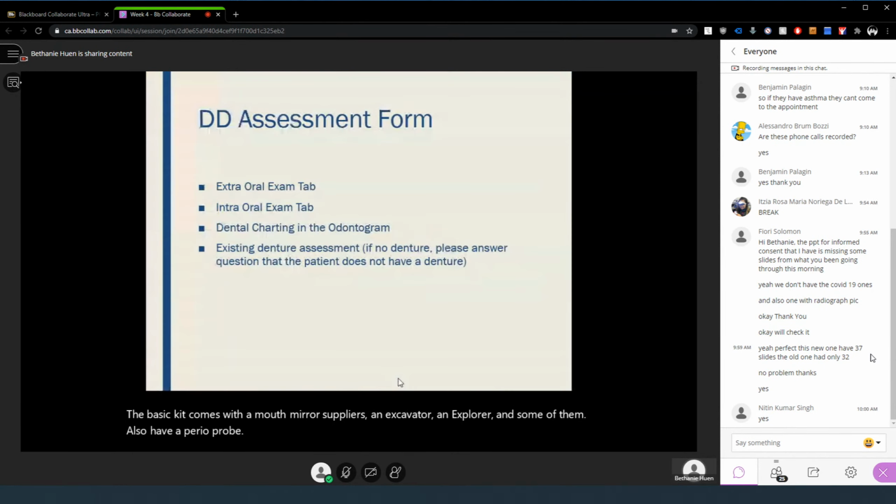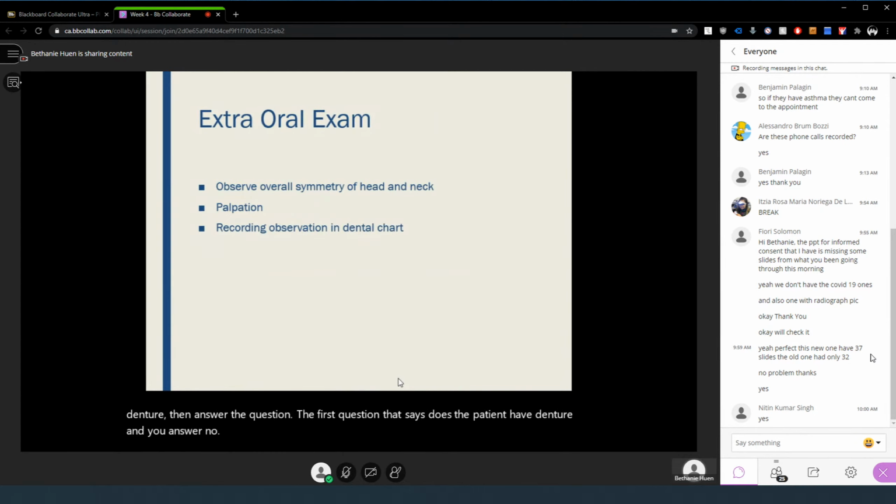For your denturism assessment, there's a form in the record called the DD assessment form, and it includes the extraoral exam tab, the intraoral exam tab, and an existing denture assessment tab. If the patient has no existing denture, answer the first question, does the patient have a denture, with no. It also includes charting.